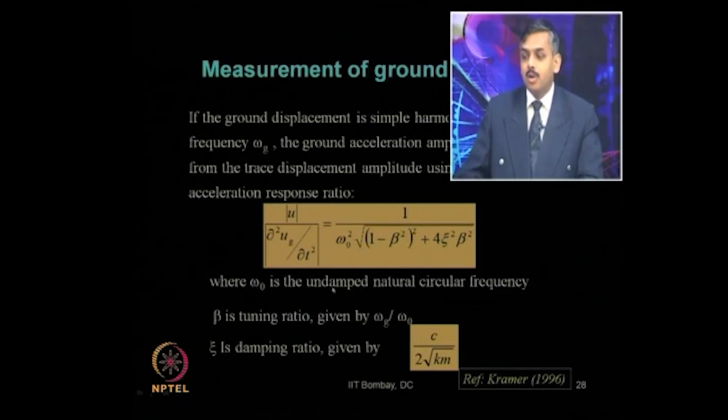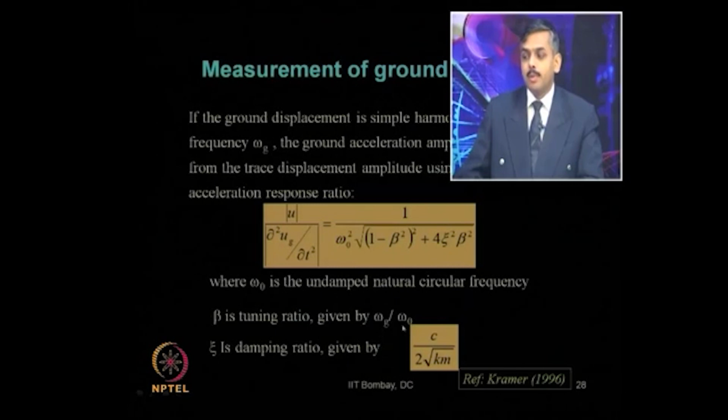where this omega naught is nothing but the undamped natural circular frequency, and beta is called the tuning ratio, which is nothing but the ratio between the ground circular frequency, by which you have expressed the ground displacement harmonically, and the natural circular frequency of the undamped system.